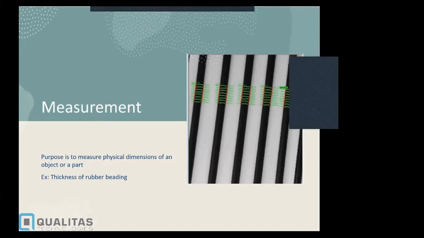So in this particular case, measurement, I've just said purpose is to measure physical dimensions of an object. Now, if you think about it, in the image space, what is the dimension in the image space, right? Pixel, right? So your pixel is the dimension in the image space, but in a measurement, the physical dimension is a physical dimension like mm, centimeters, millimeter, micrometer.